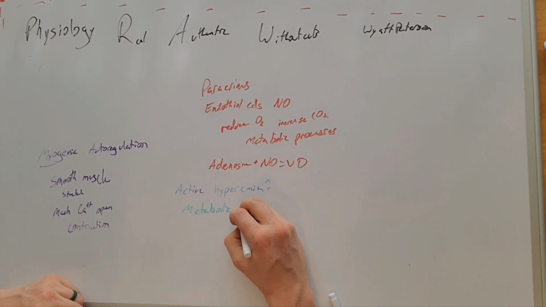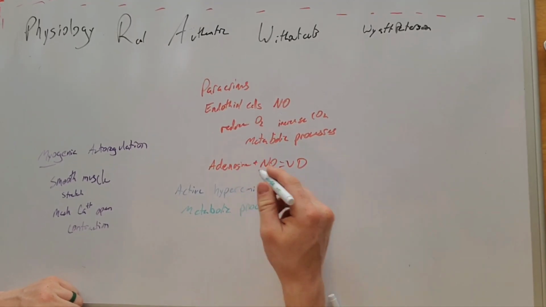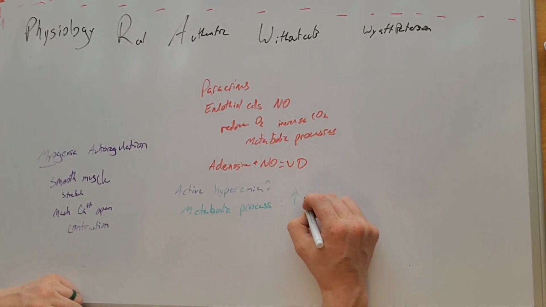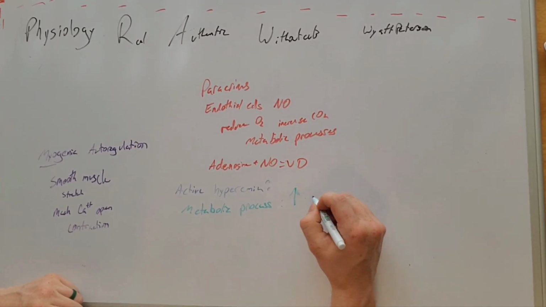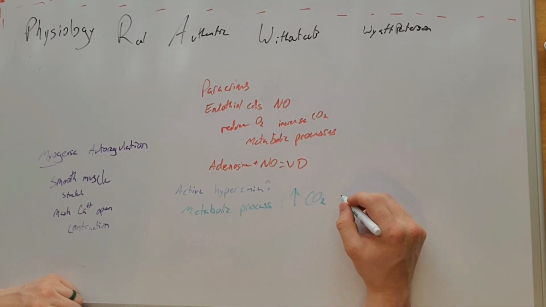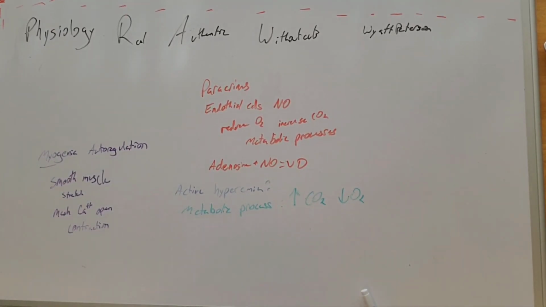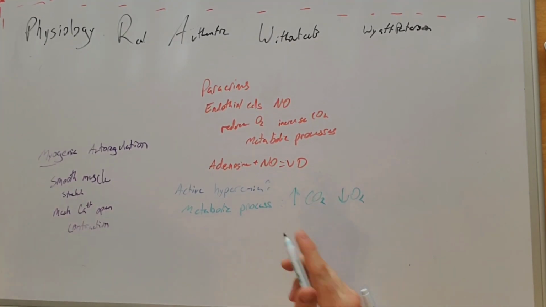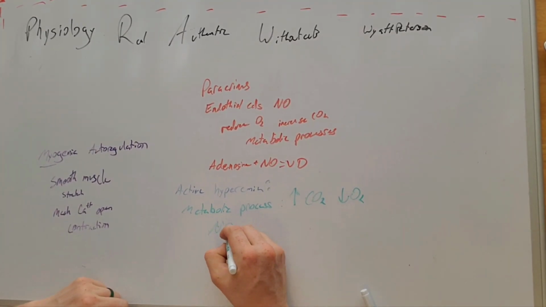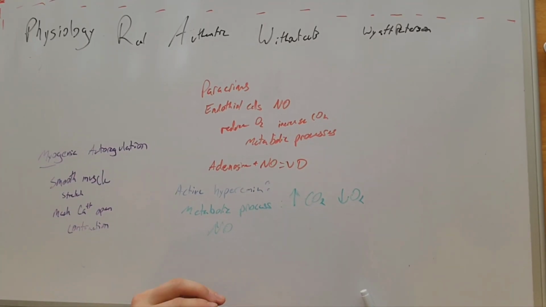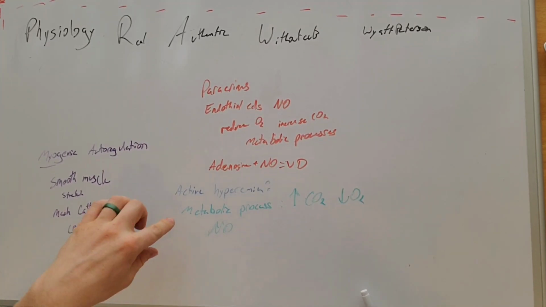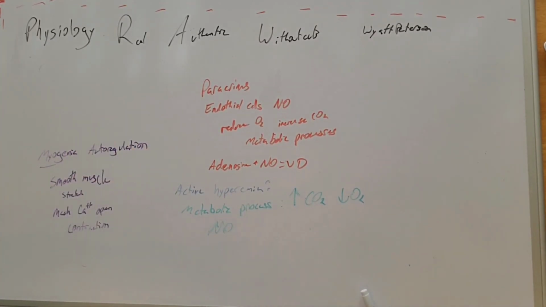Metabolic processes, and as a result of that, like I said earlier, we're going to see an increase in CO2 and a decrease in O2, and so that's going to make endothelial cells release that nitric oxide, and that will increase blood flow through that area.